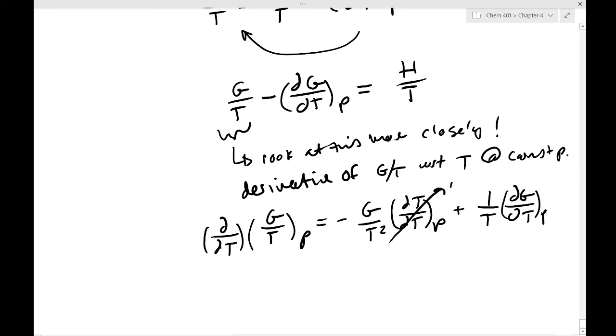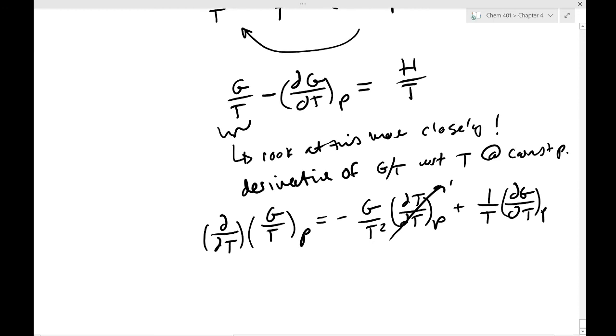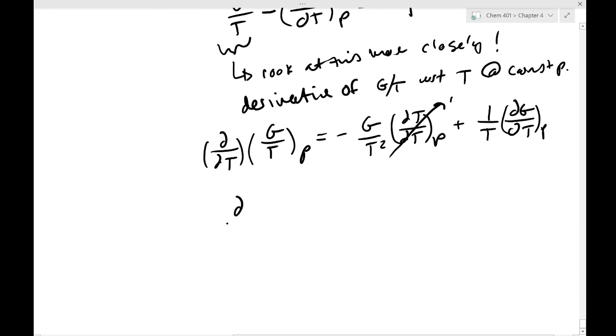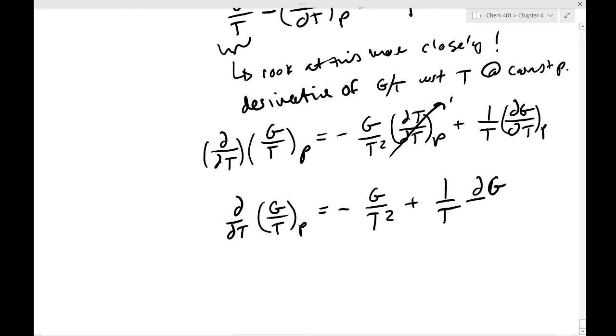This is just equal to 1, so this whole bit collapses to negative G over T squared plus 1 over T times the partial of G with respect to temperature at constant pressure.